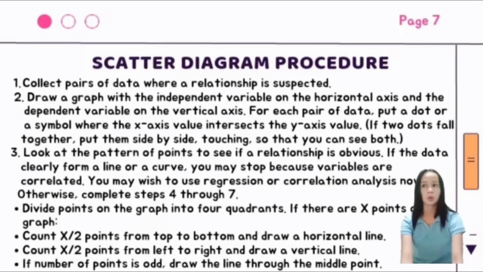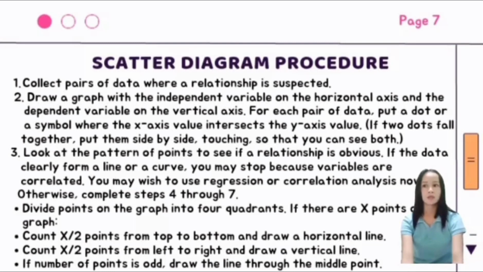Number 2, draw a graph with the independent variable on the horizontal axis and the dependent variable on the vertical axis. For each pair of data, put a dot or a symbol where the x-axis value intersects the y-axis value.